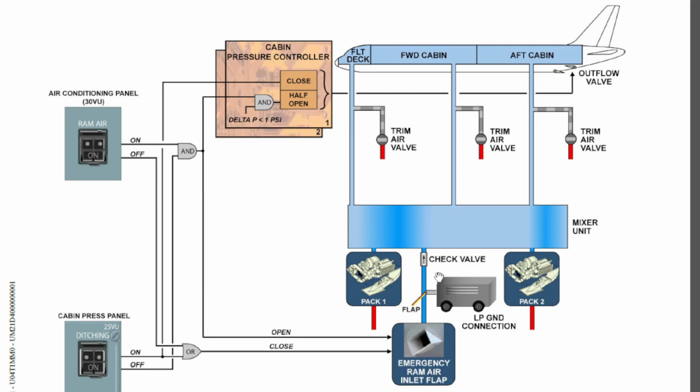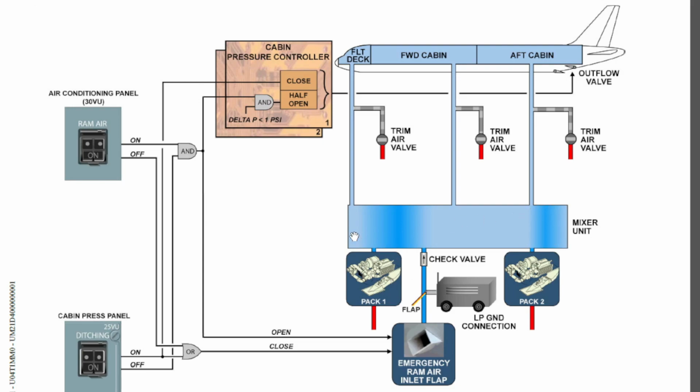If the ram air inlet is supplying, it will close off this part and supply the system. This connection is only available when the aircraft is on the ground. You can't use this part when the aircraft is in flight.